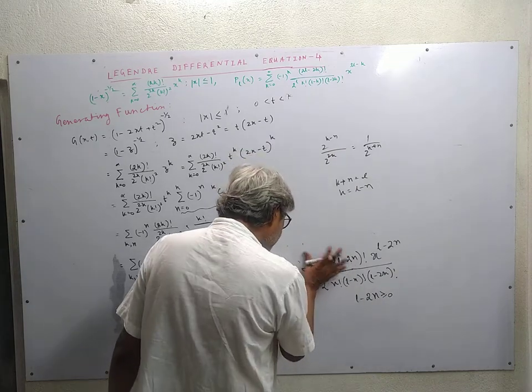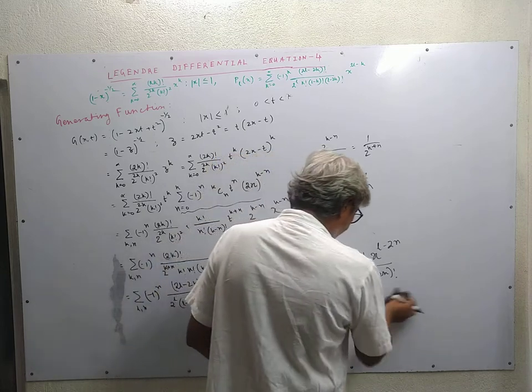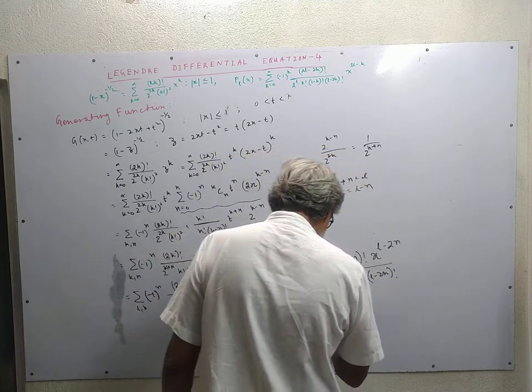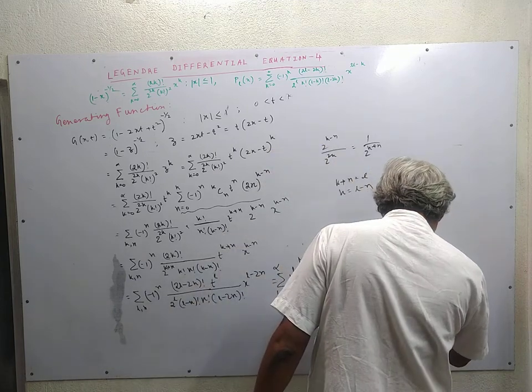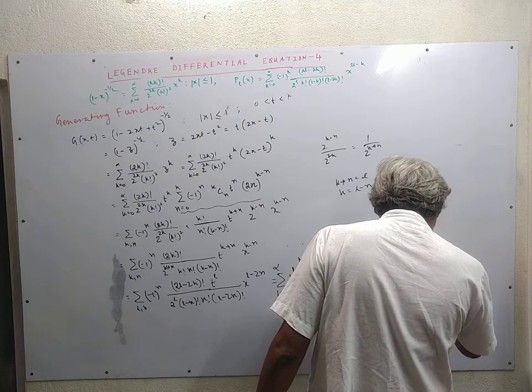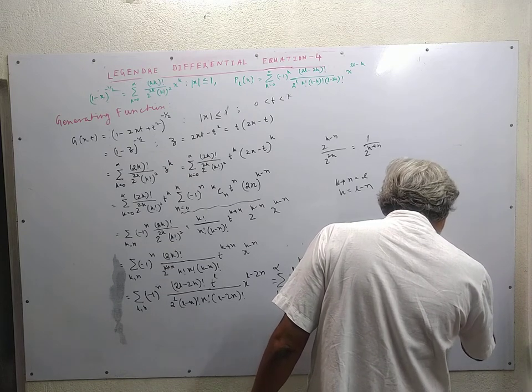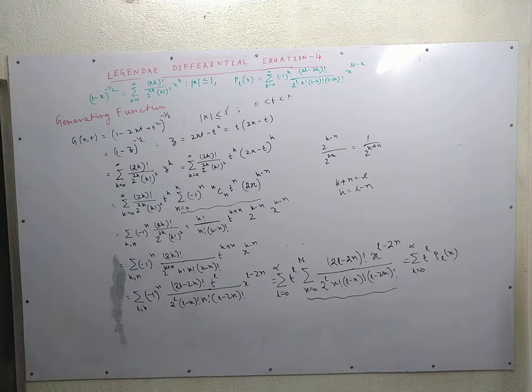So this sum actually extends up to capital N, and this quantity within is nothing but P_L. So we write it as sum over L equal to 0 to infinity t to the power L P_L of x. This is the generating function for Legendre polynomials.